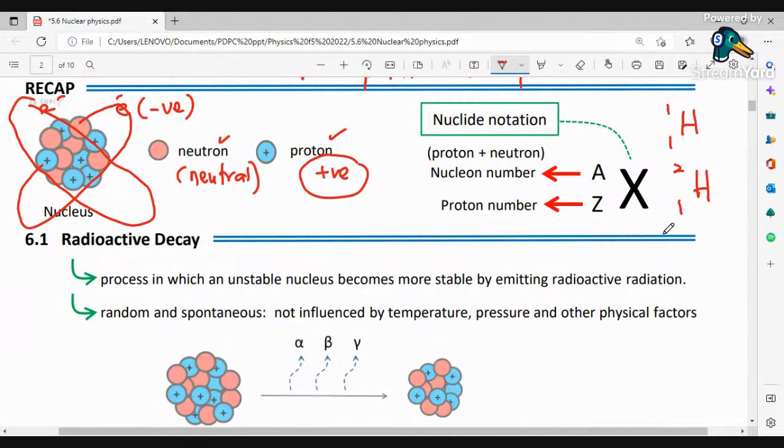Carbon 12 macam mana? Contohnya carbon 12, 12, 6. Dia punya nucleon number ialah 12, proton number 6. If we want to calculate neutron number, N means A minus P. 12 minus 6 is 6. Means there are proton 6, neutron 6, nucleon number 12. Ini you all dah belajar, so just recall balik.